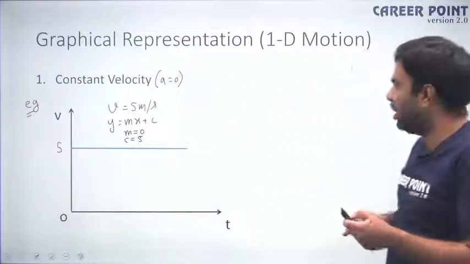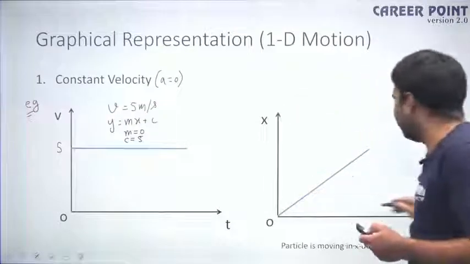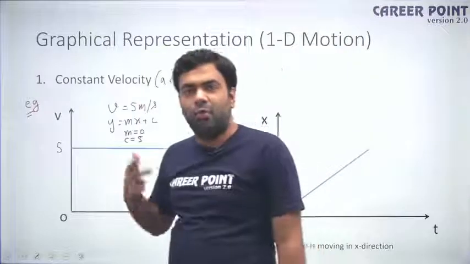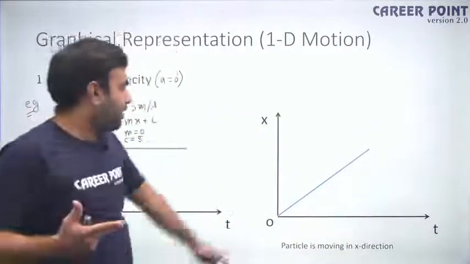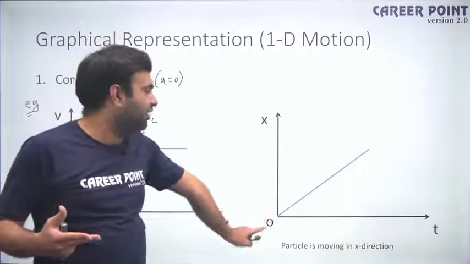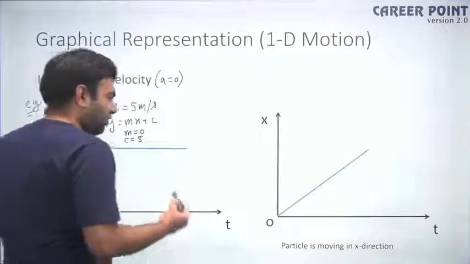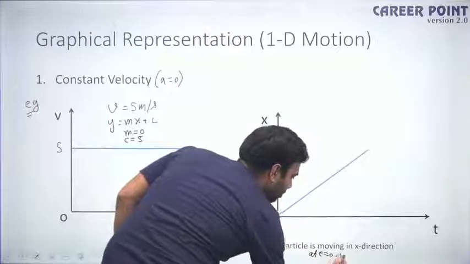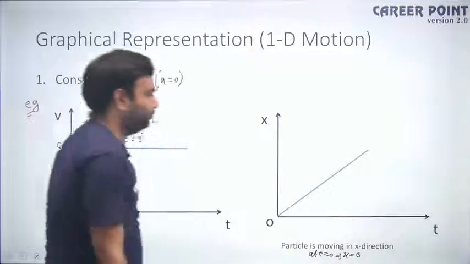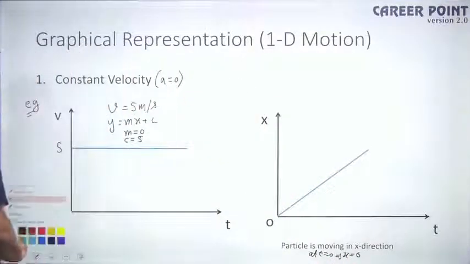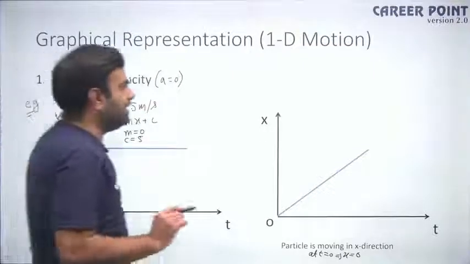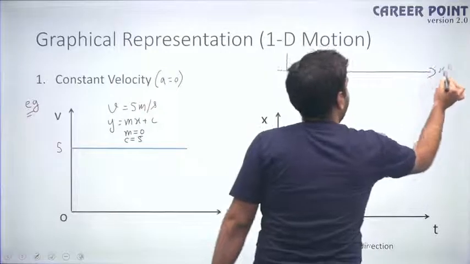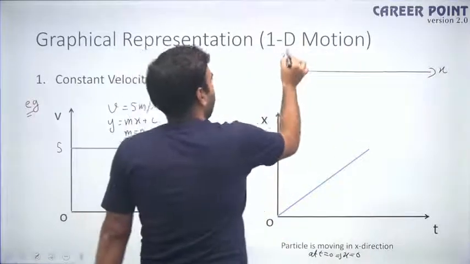Now, if we talk about the xt graph, suppose the particle is moving in x direction, so its x coordinate will be the displacement. And one more piece of information: at time 0, x was also 0. The particle is moving in x direction, and this is y direction.